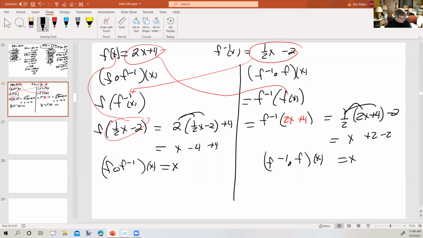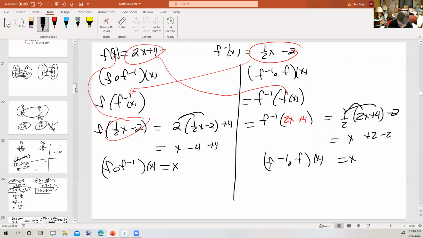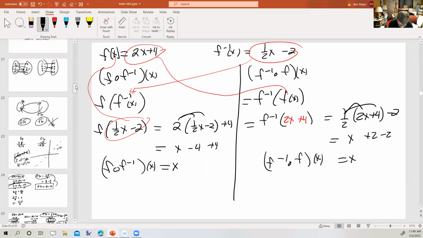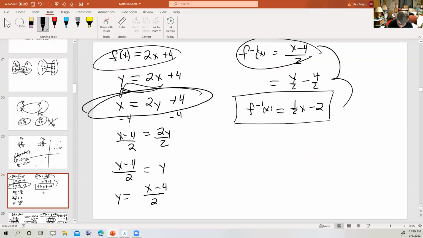So I've done everything with these two functions that I talked about earlier. Let's see here. We took the one-to-one function f of x, we found its inverse using 4 steps. We graphed, let's see here.